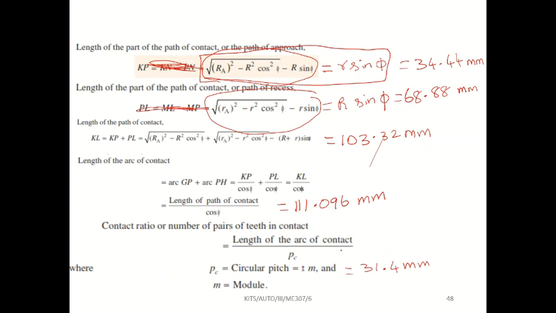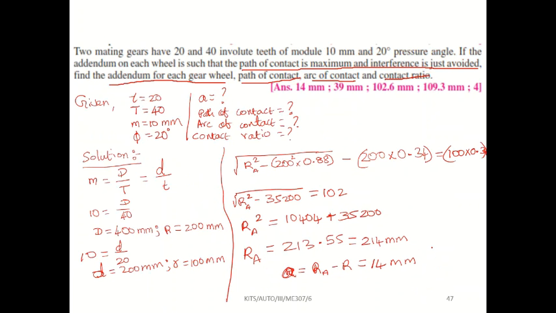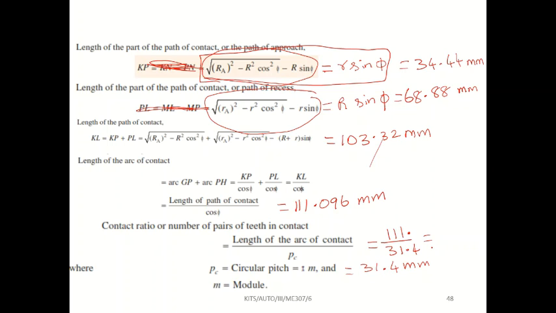So now contact ratio is path of contact divided by circular pitch. Just take the path of contact, 103.32, divided by 31.4. We'll get 3.53.